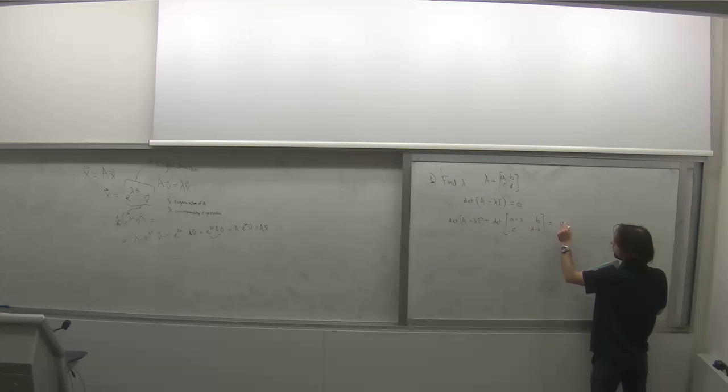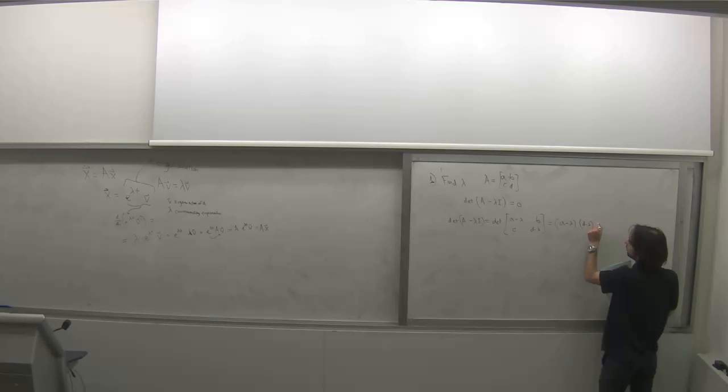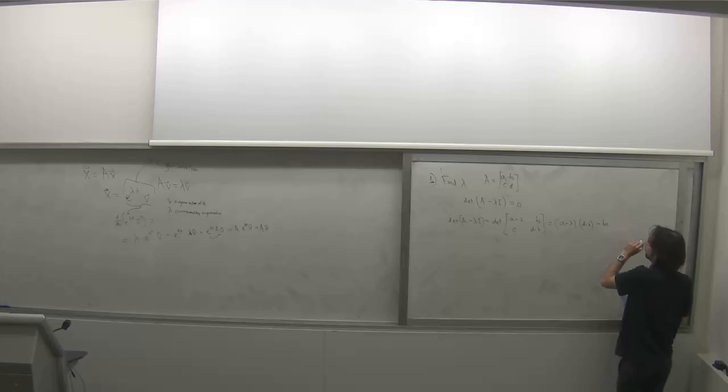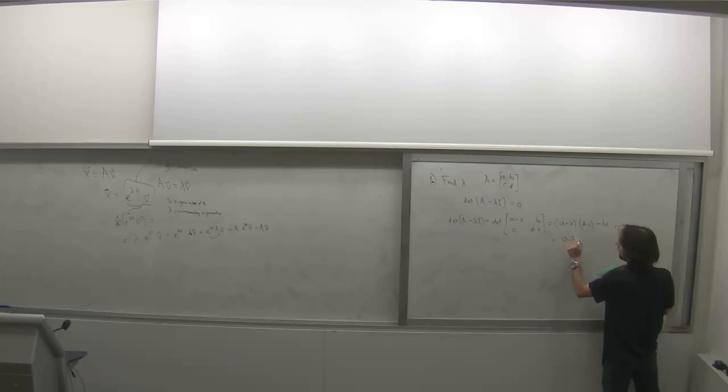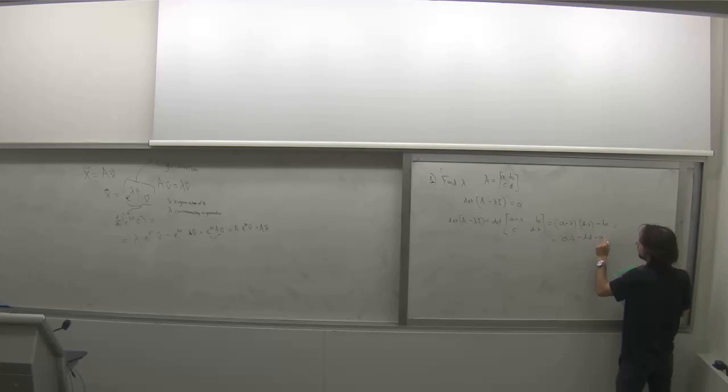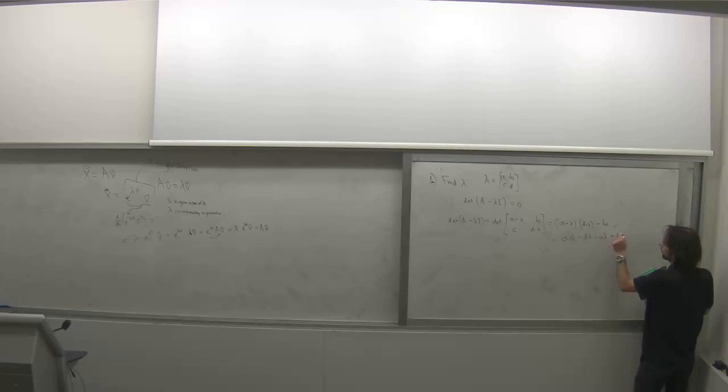So this is (a minus lambda) times (d minus lambda) minus bc. ad minus a lambda minus d lambda, I prefer this order, plus lambda square minus bc.